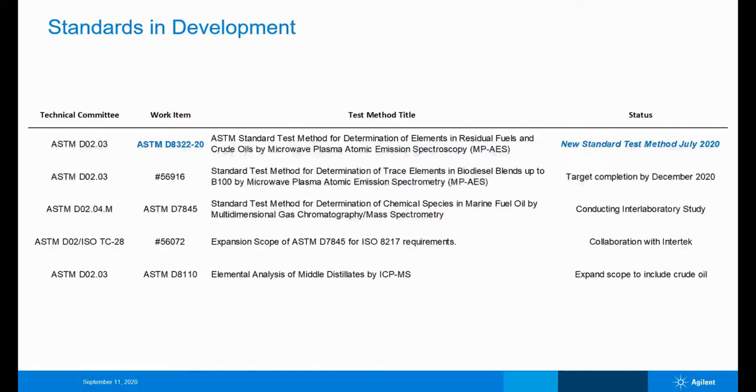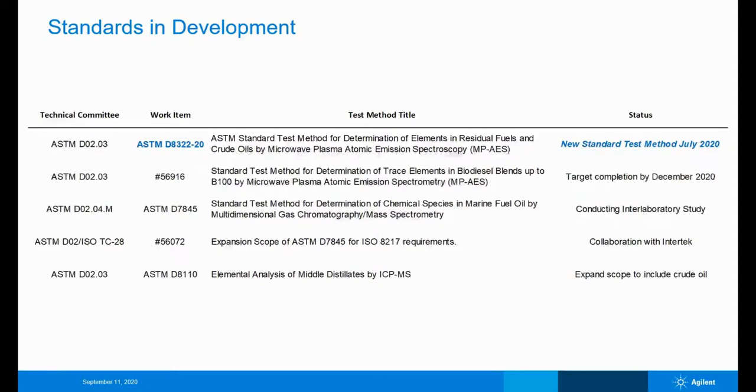Then we also have some joint work with Bureau Veritas as we revise ASTM D8110. At present, D8110 was published with conditional provisional precision data, and it's for the elemental analysis of middle distillates by ICP mass spec.